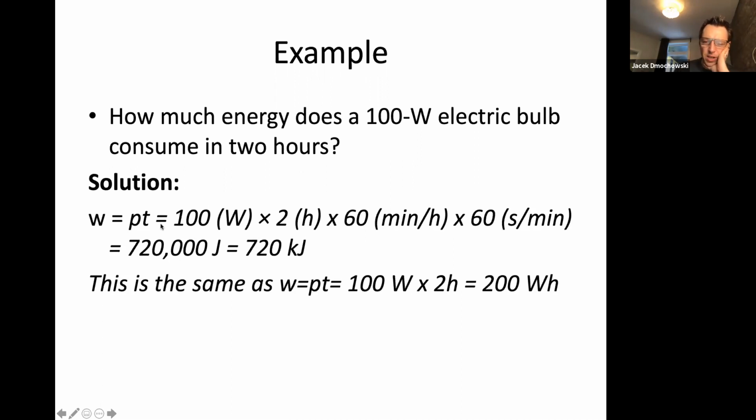So when you do the multiplication, you get a value of 720,000 joules, or 720 kilojoules. And another way of saying the answer without converting to seconds is just to say 200 watt hours, or 0.2 kilowatt hours. So that's another way that sometimes energy is measured.